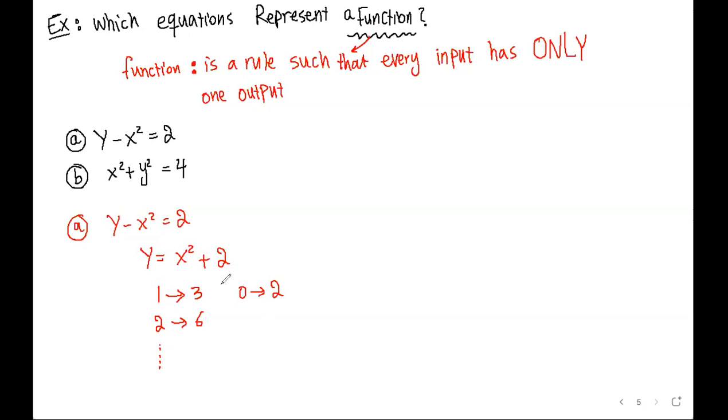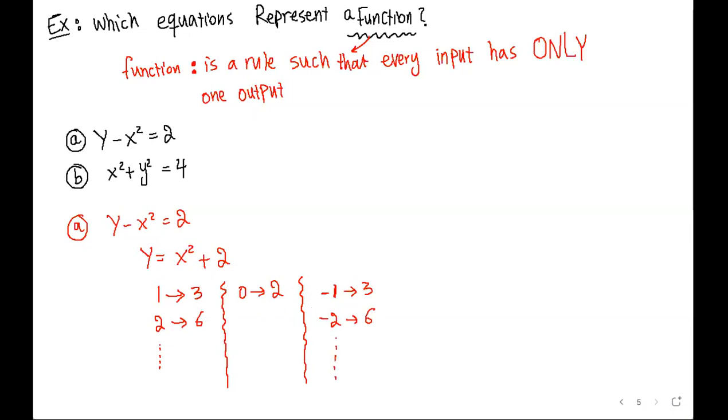And the same thing for the negative numbers. If I plug in negative 1, negative 1 squared gives me 1, plus 2 gives me 3. And negative 2 gives me 4 plus 2, 6. So the same for all negative numbers.